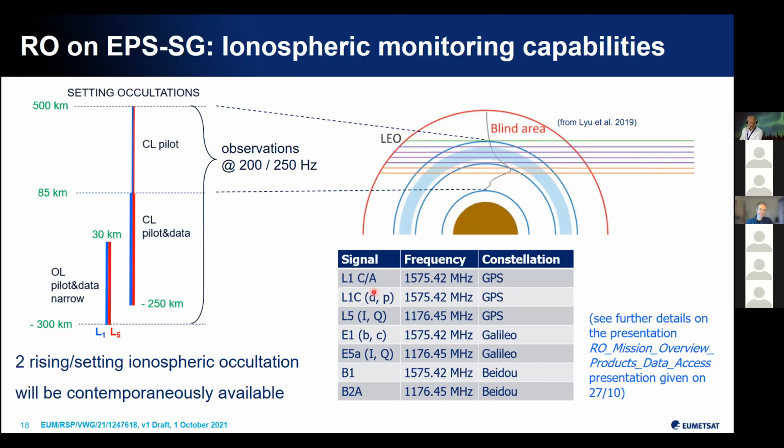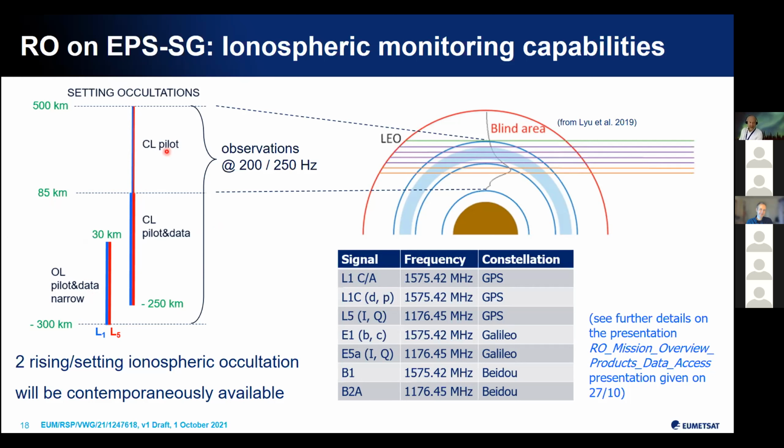It will track both data and pilot components on L1 and L5 from GPS, Galileo, and Beidou. The receiver has a limited number of channels, of course, but we have 8 channels available for each occultation. The focus will also be, for EPS Second Generation, the neutral atmospheric part. But at the end, we have at least 4 channels made available for the ionospheric occultation in L1 and in L5.